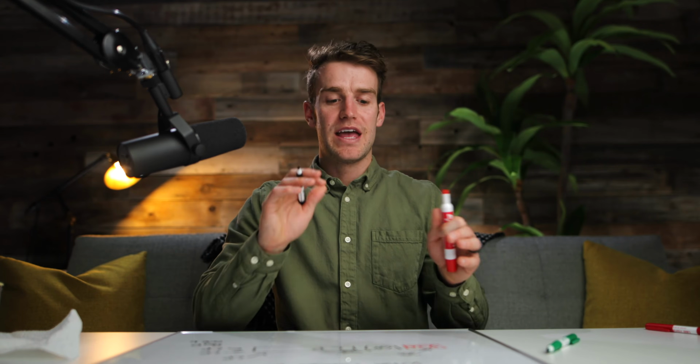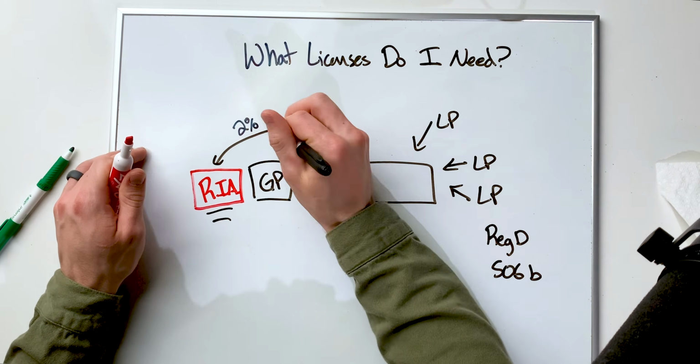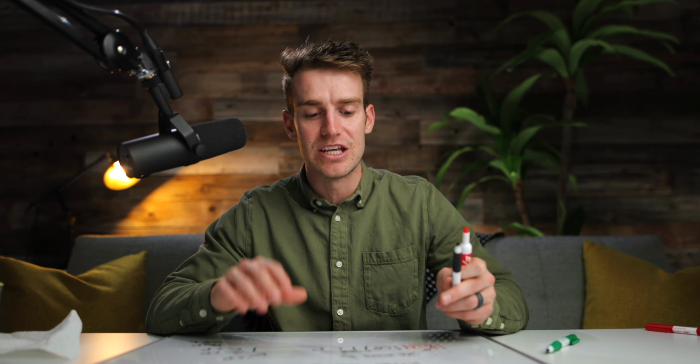So this is where licenses come into this whole thing. If you are going to set up a registered investment advisor and charge a 2% management fee or a 0.5% or a 1% management fee, which means essentially if you do nothing this year with their money, you still get 2%. You could be on the beach in the Bahamas drinking pina coladas and still make 2% on their money.